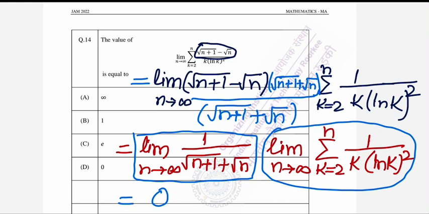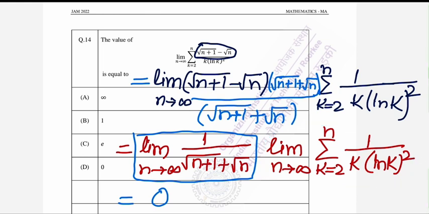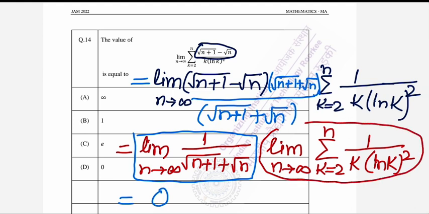Then you can say quickly that the answer will be 0, but I say that it is not necessary that if one factor is 0 then the whole thing will be 0, because this one is a series, and a series may be convergent or divergent. If divergent, then its value may be infinity. So 0 into infinity is not equal to 0, you should know.